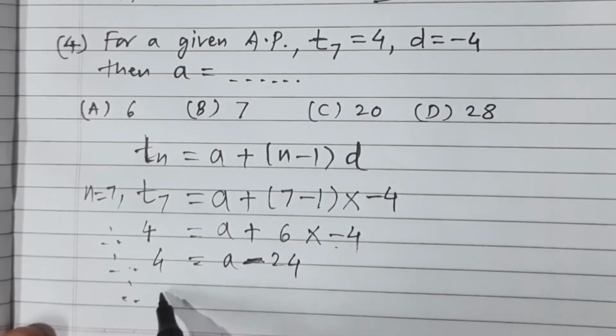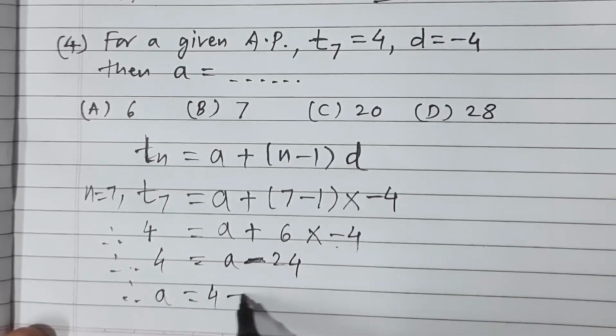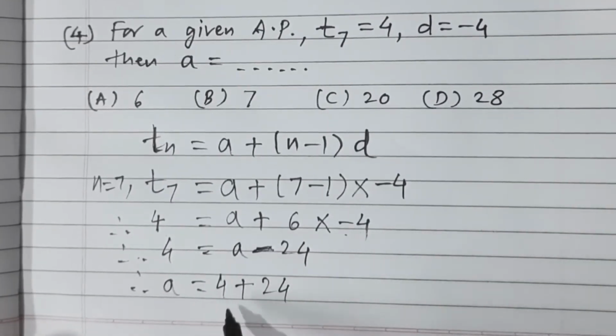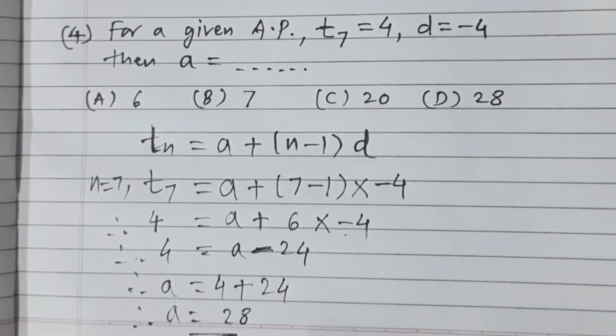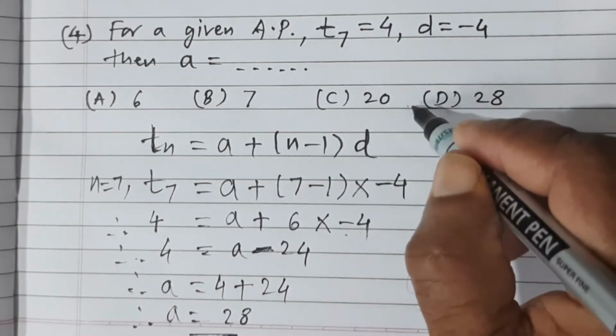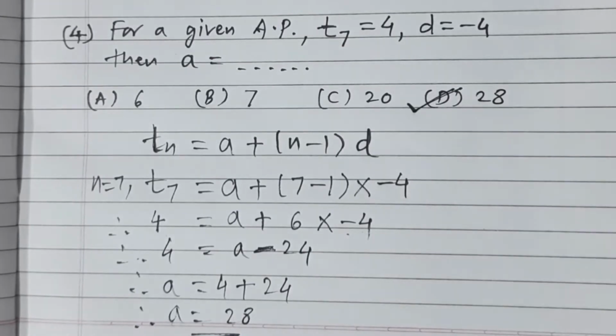So A is equal to 4 plus 24, which is 28. So the value of A is 28. The correct option is option D, that is A is equal to 28.